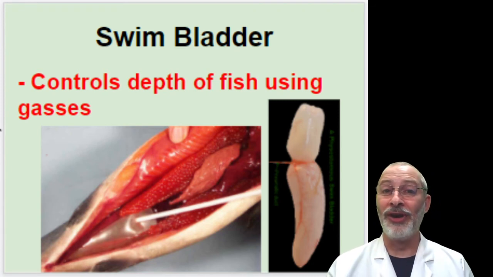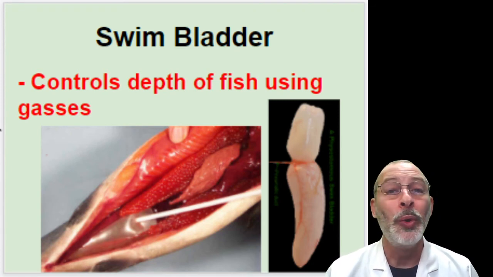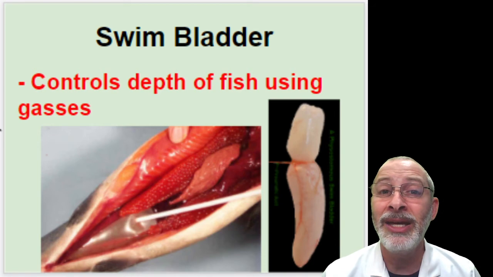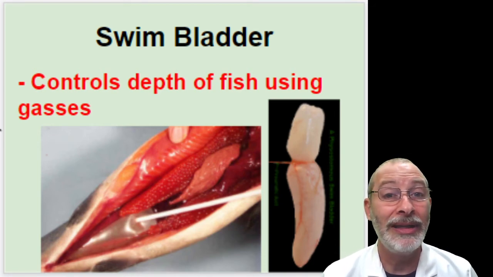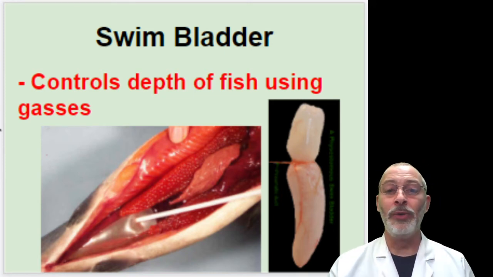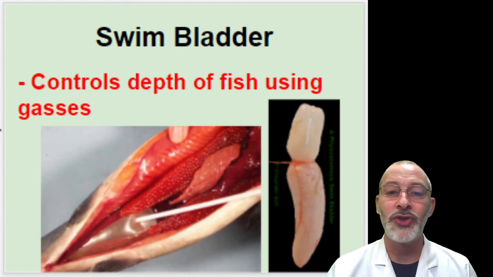In fact, one of our activities on Thursday will involve making and using a swim bladder in the lab. It's actually a pretty cool device, and we'll get a chance to play around with swim bladders.